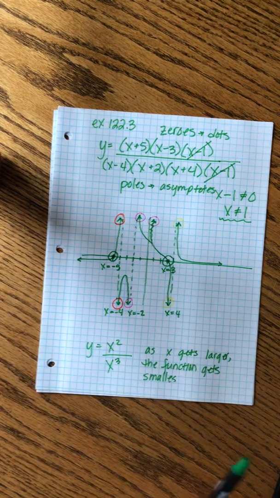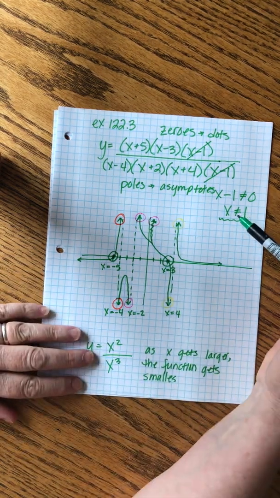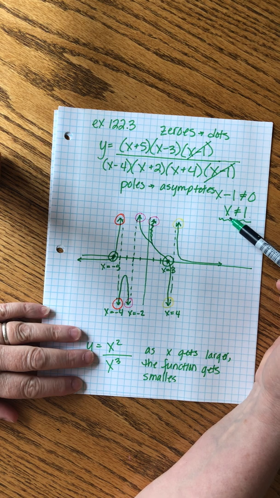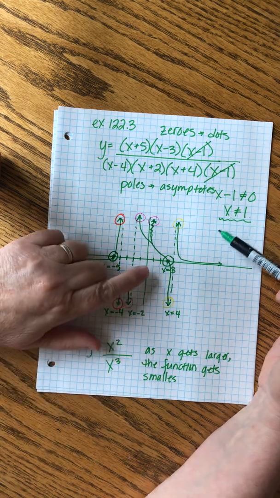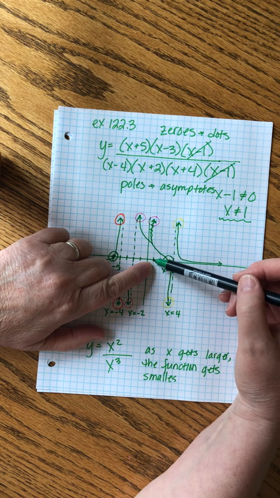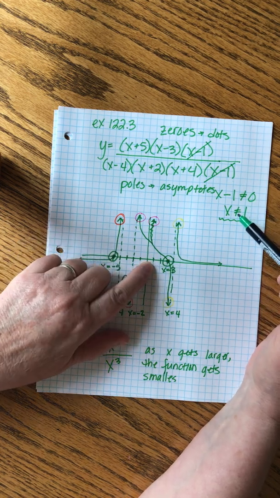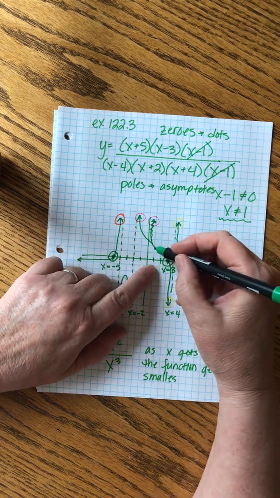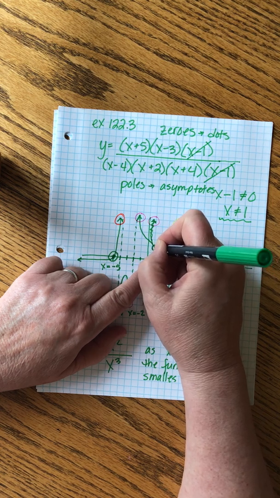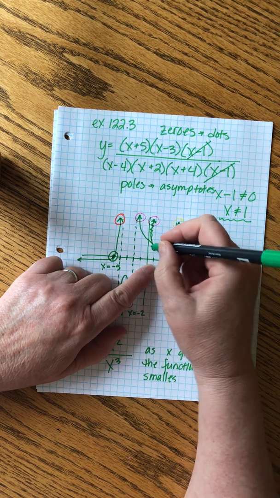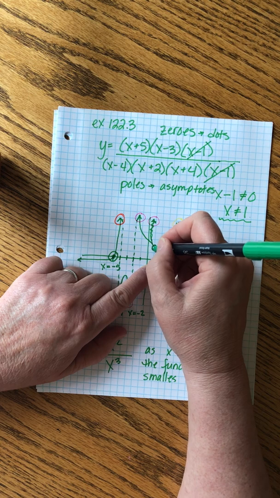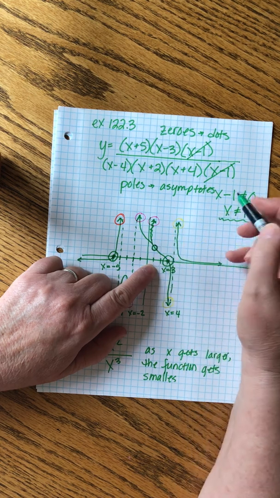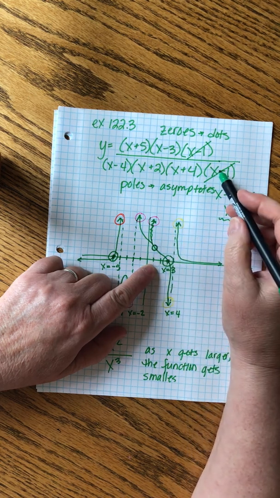This graph, though, has one more detail we need to fill in because we said that x cannot equal 1. So what that means is we have to go back in and we have to create a hole at x equals 1, wherever that shows up on our graph, right here. This technically is not a solution to our function because that would blow up our denominator also.